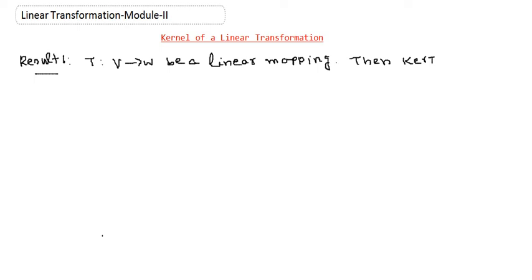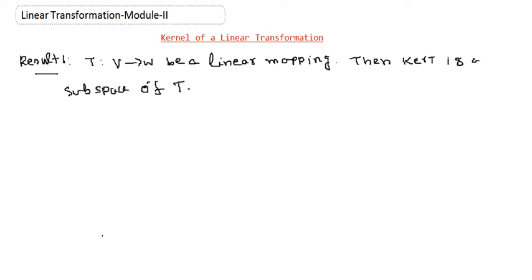Here we have some extra step. The kernel of T is not only a subset of V, it is also a subspace. That is the very important thing. So the kernel of T is a subspace, a vector space. If you go through the previous examples where we found the kernel of T, in each example we saw that the kernel of T is a subspace.